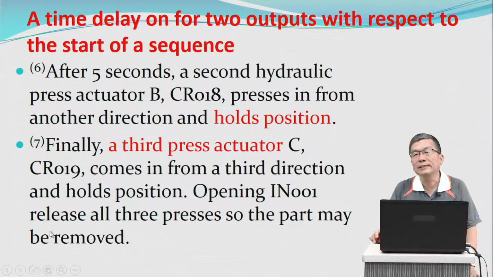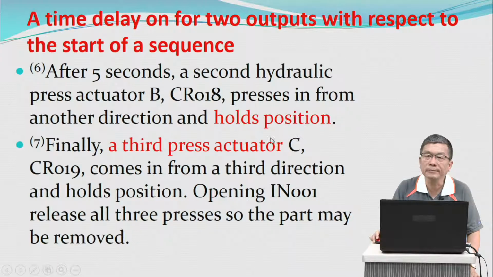After 5 seconds, a second hydraulic press actuator B, control relay 18, presses in from another direction and holds position. Finally, a third press actuator C, control relay 19, comes in from a third direction and holds position. Opening IN1 releases all 3 presses so the part may be removed.